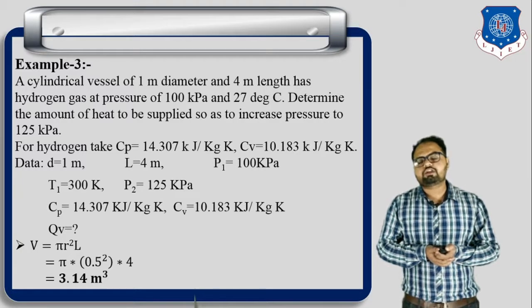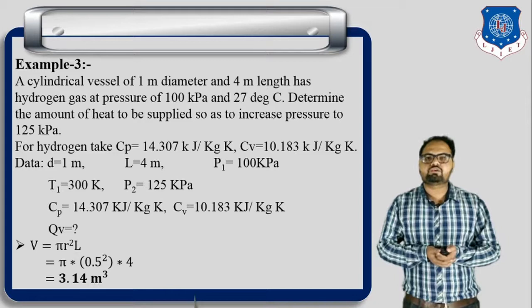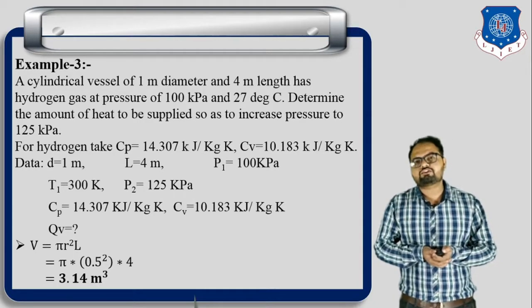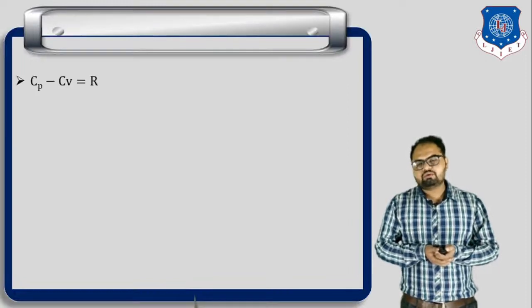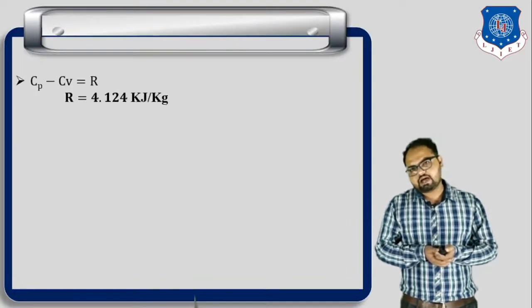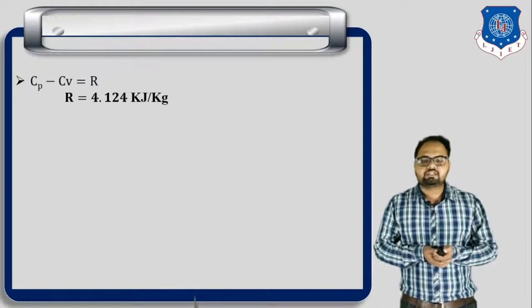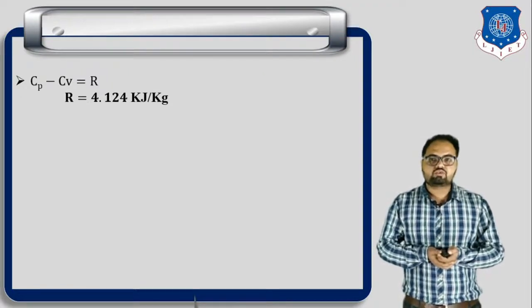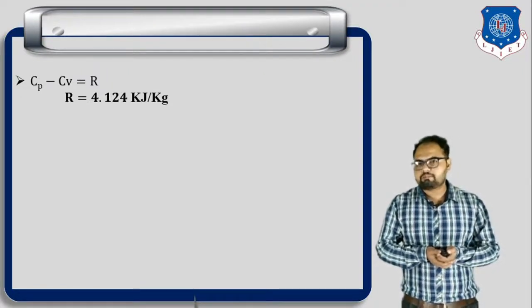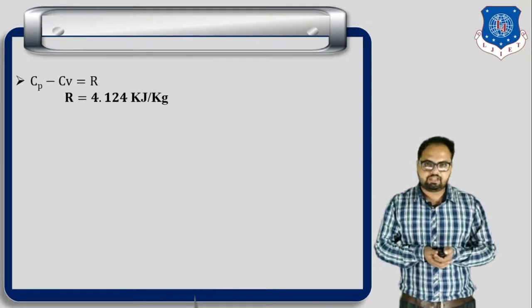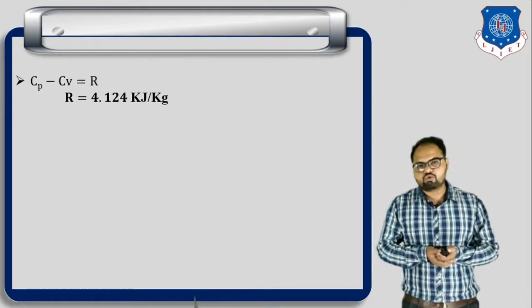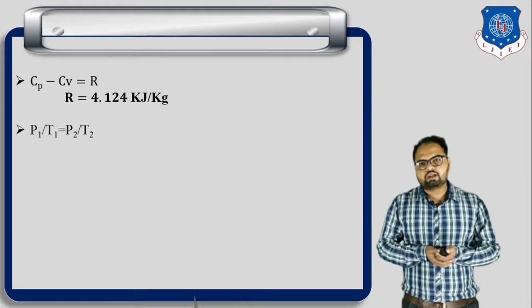So volume is 3.14 meter cube, and V1 is equal to V2 is equal to V, because the volume of the system remains constant throughout the process. Next we need to find R, because this is hydrogen gas. Cp minus Cv is equal to R. By putting the values of Cp and Cv we get R as 4.124 kilojoule per kilogram Kelvin.